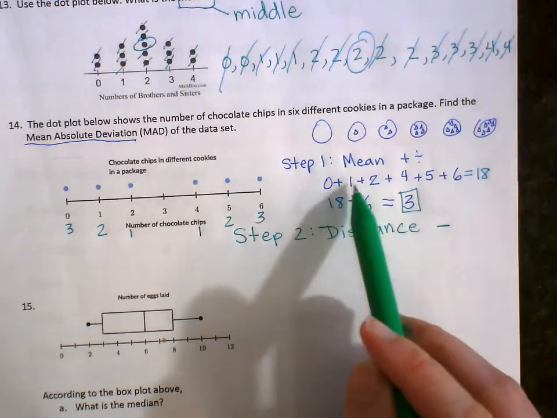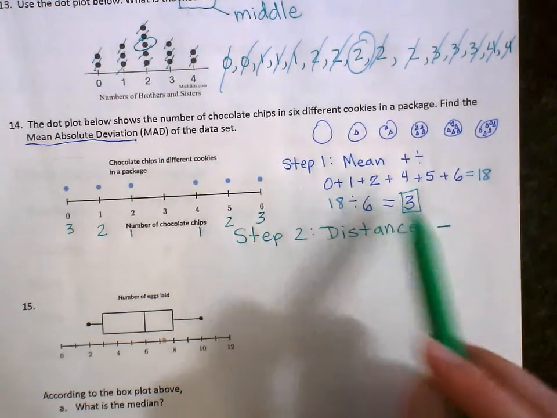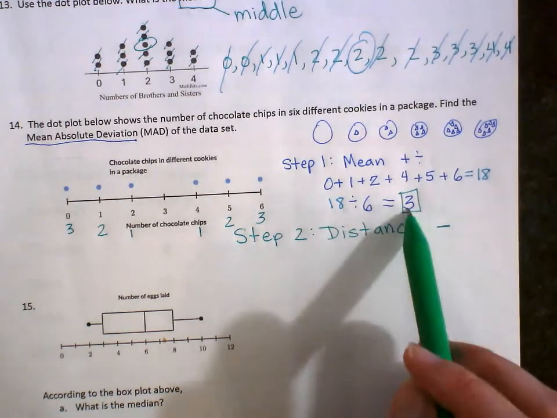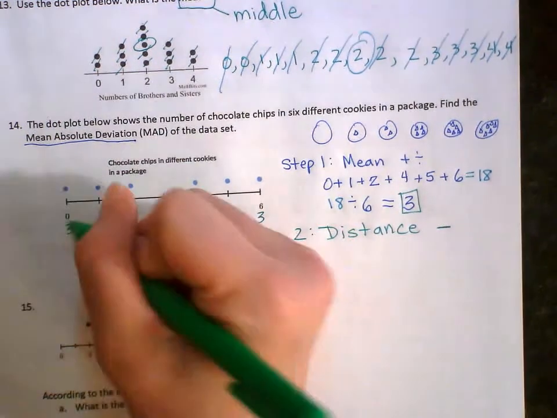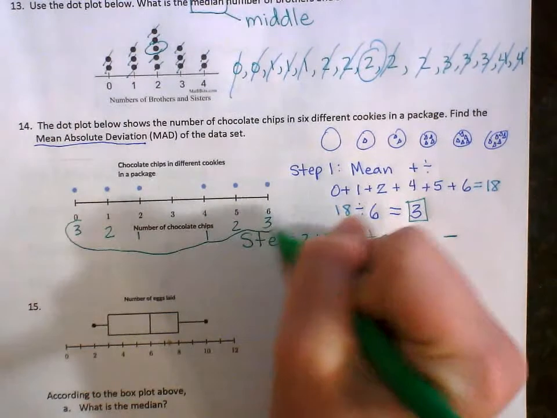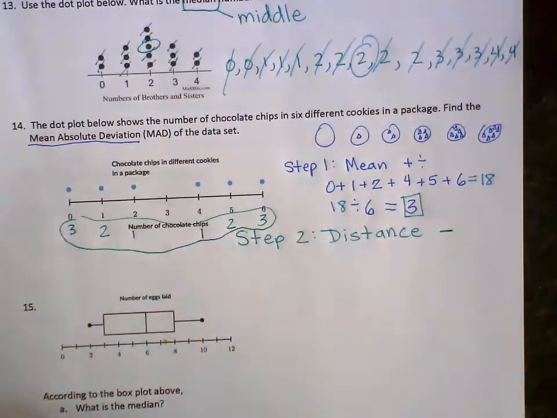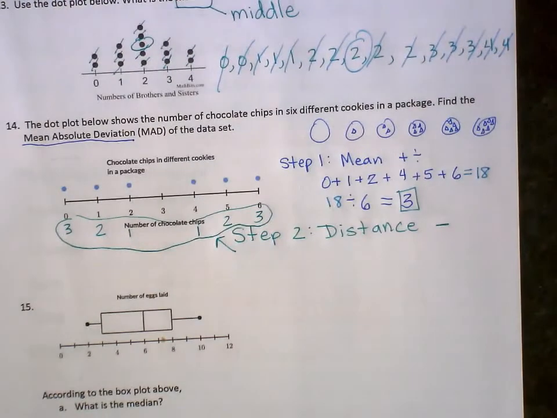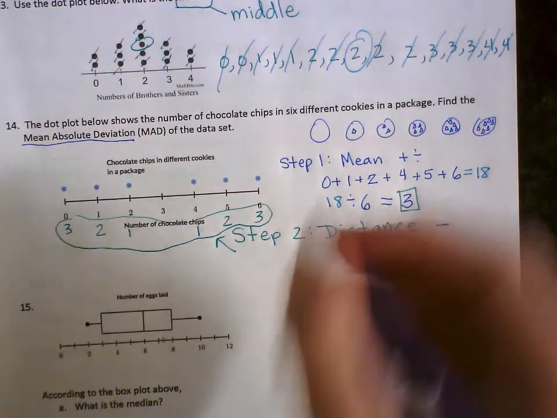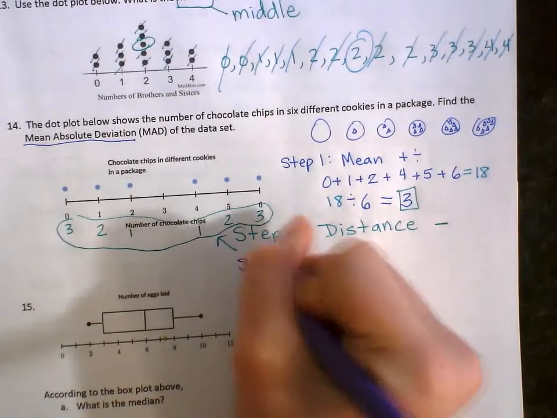0 was 3 away, 1 was 2 away, 2 was 1 away, 4 was 1 away, 5 was 2 away, 6 was 3 away. And then you add up the distances. So we found the distances. And now step 3, we add the distances and divide.